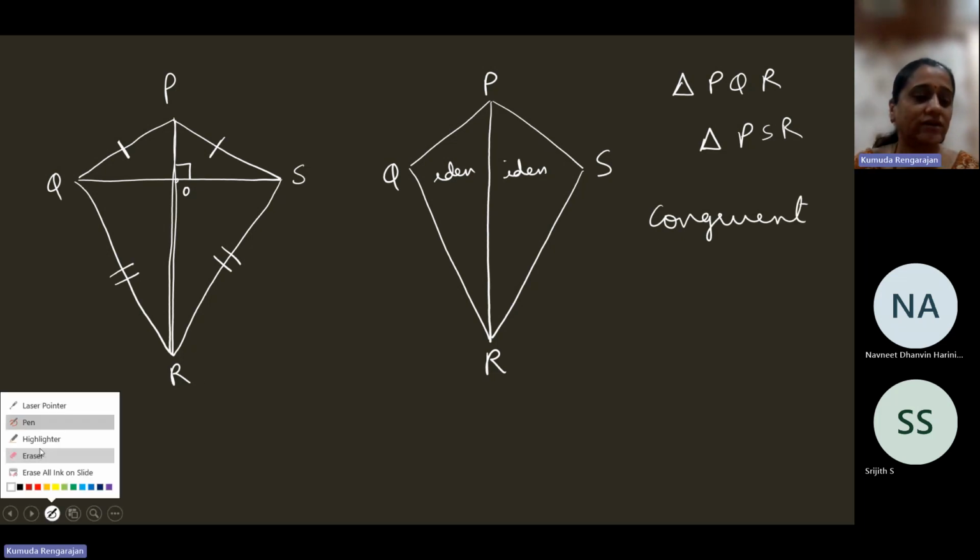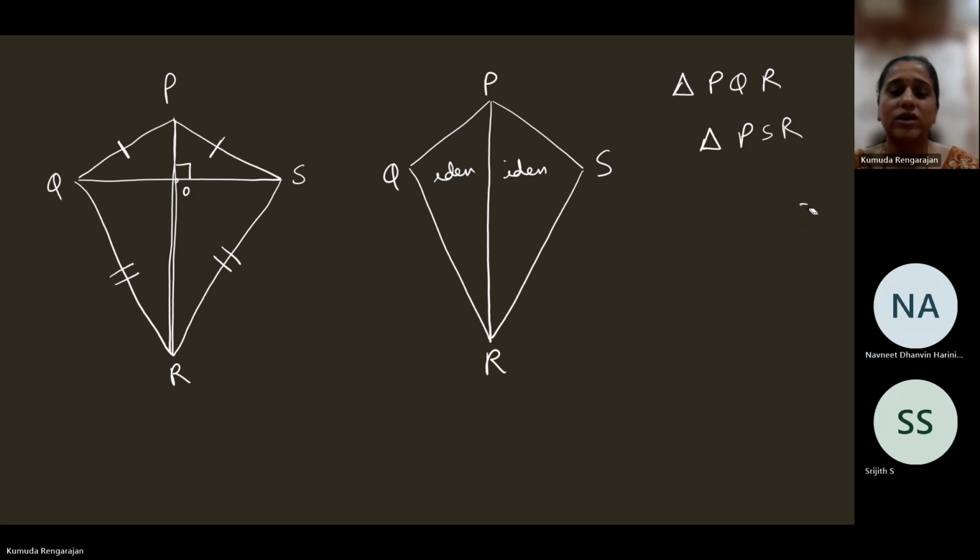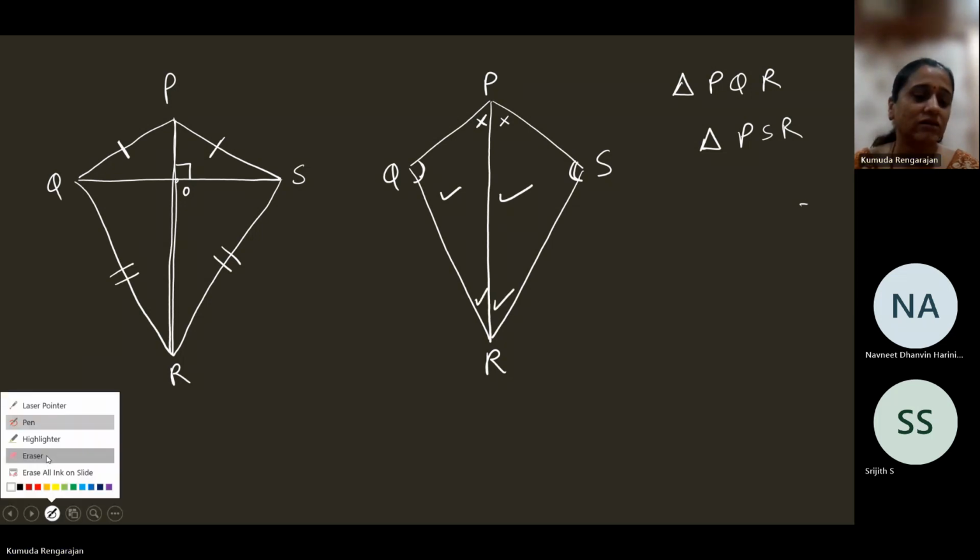So if they're congruent or identical, what happens? What does congruent mean? Identical. Exactly the same. So if these two triangles are congruent, what happens? When you fold the kite along PR, this angle will coincide with this angle, and this angle will coincide with this angle.